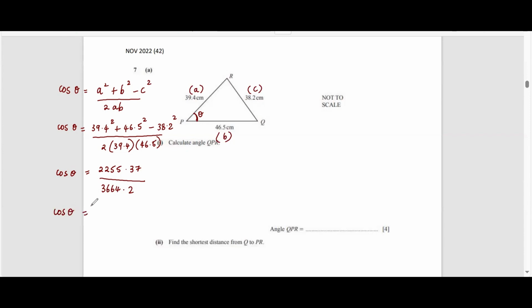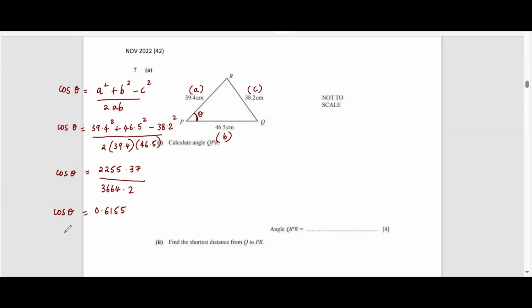So when we divide these two, 2255.37 with 3664.2, you'll get it as 0.6155.